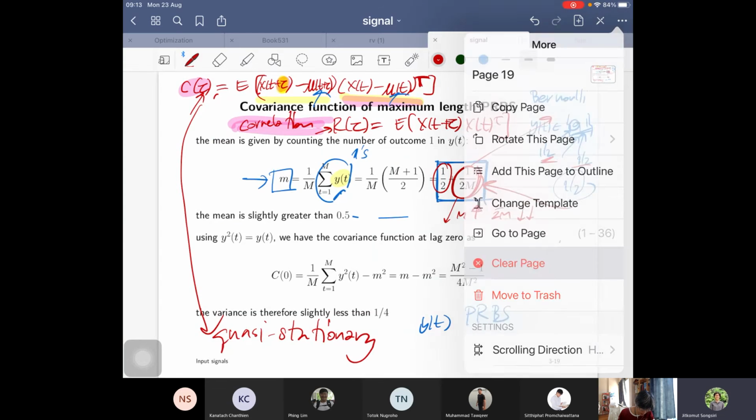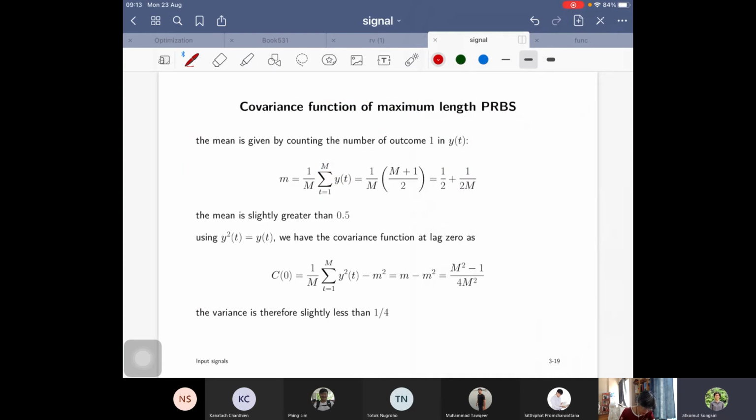Now we're going to look at the autocorrelation function C(tau). Let's look at the first lag, the zero lag, which represents the variance of the process.